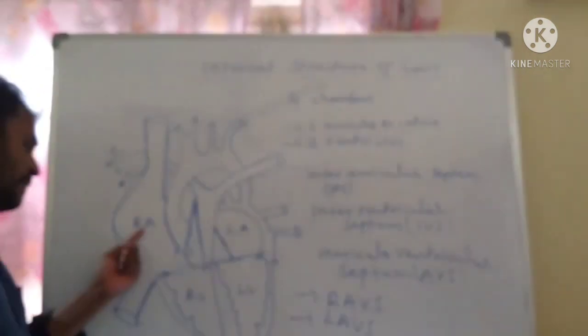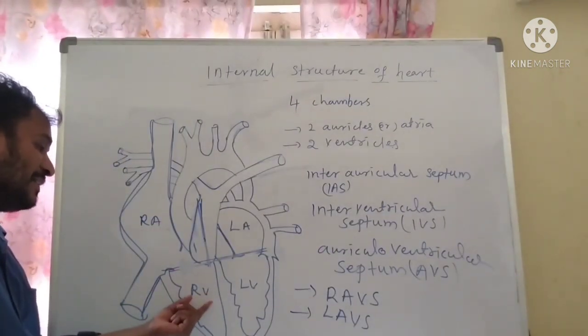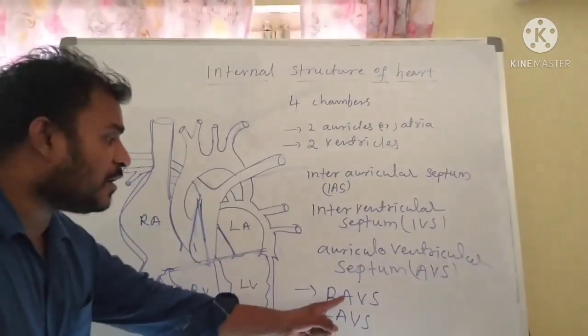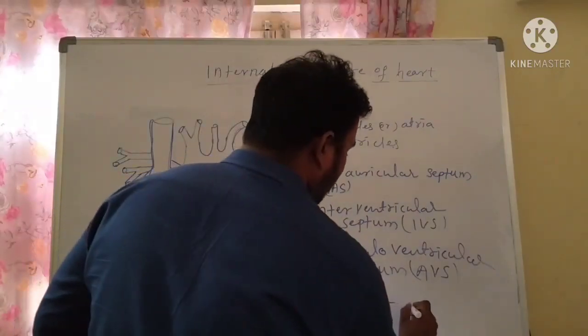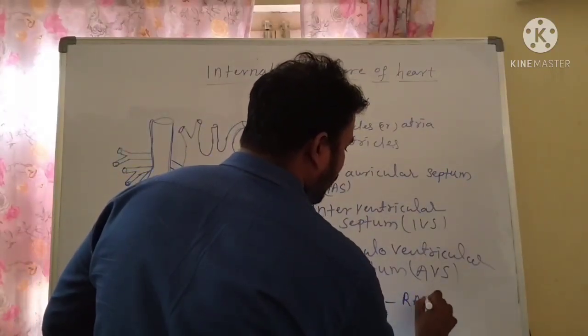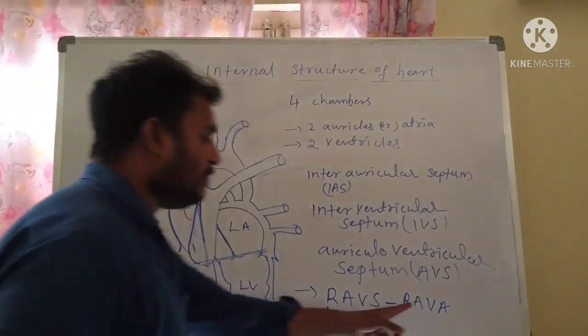The opening present between the right auricle and right ventricle, on the right auriculoventricular septum, is called the right auriculoventricular aperture.